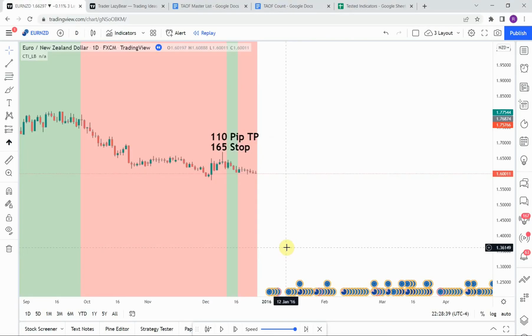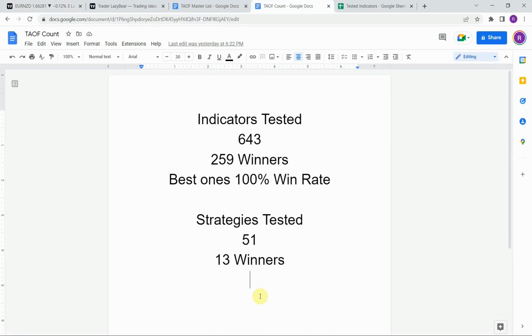Today we will be testing the Coral Trend Indicator. Before we do though, I wanted to put the testing scoreboard up for everyone to see. So to date, we have tested a total of 51 different strategies, with 13 of them being profitable. We have also tested a total of 643 indicators, with 259 of them being winners.